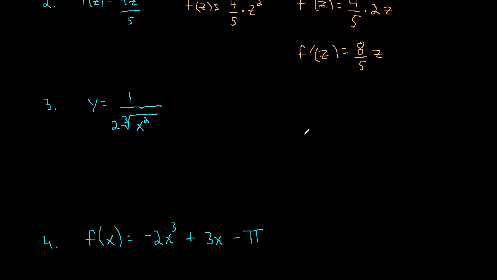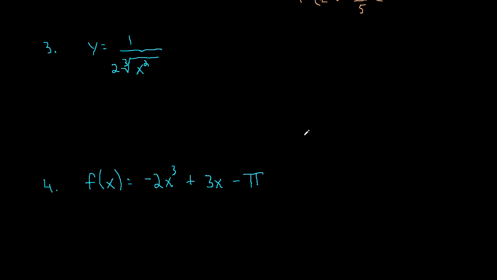Okay, the third example might look intimidating at first until you remember your rules for rational roots. And if you remember those, I can actually rewrite this so that it actually is a very nice thing to take the derivative of. Okay, let's first deal with the cube root here. The cube root, remember, is the same thing as raising something to the 1/3 power.